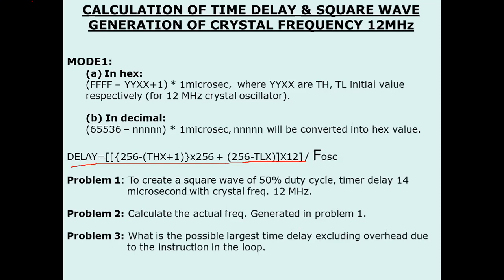So you know that THX and TLX will be equal. So just put the value of THX and TLX equals to, suppose, X. Write down THX equals TLX equals X. So the equation will be, what will be the equation? 256 minus X plus 1 into 256.